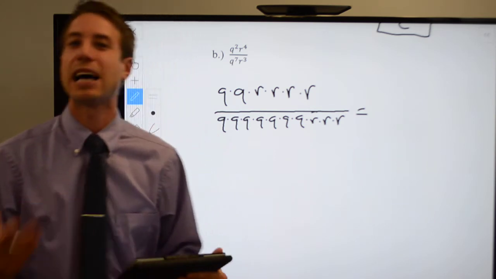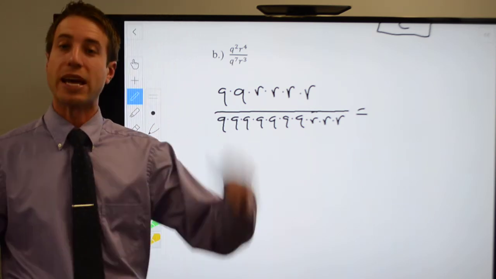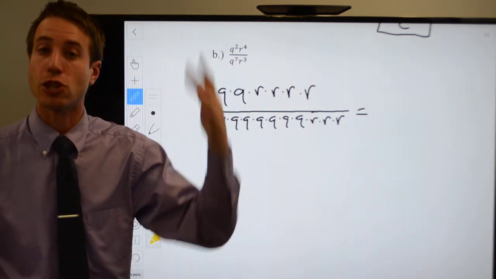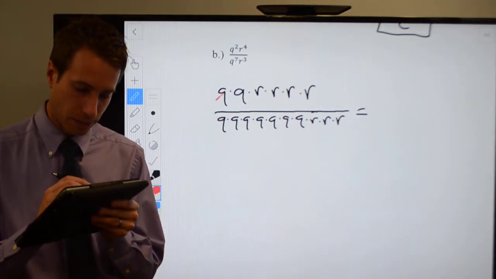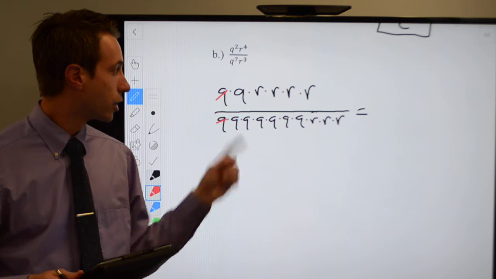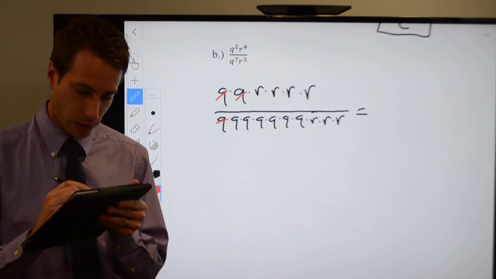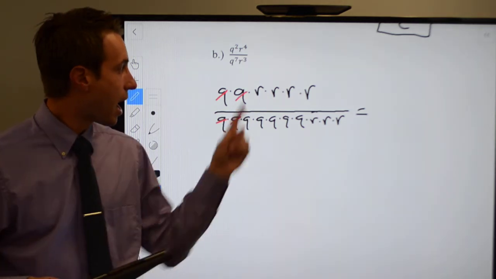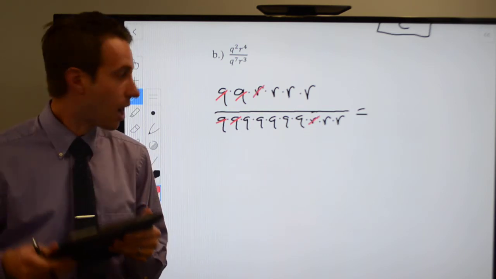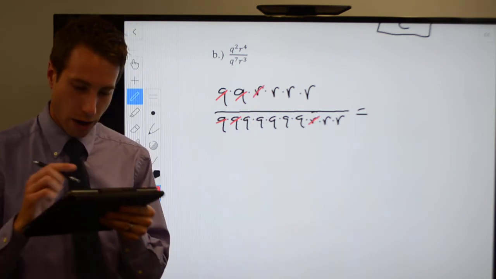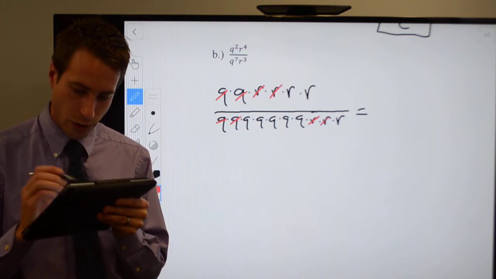All right, now, here's all you've got to do, right? We know that anytime you have a fraction, you can cancel like terms top and bottom. Q, Q. Cancel them out. Q, Q, cancel them out. I have an R and an R, so those will cancel. I have an R and an R, so those will cancel.